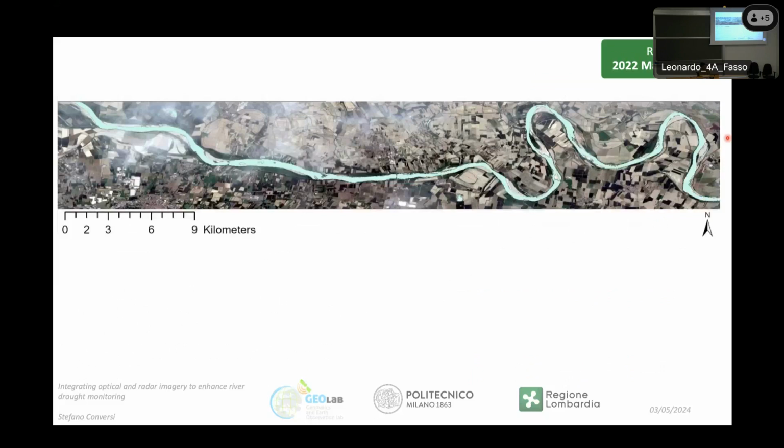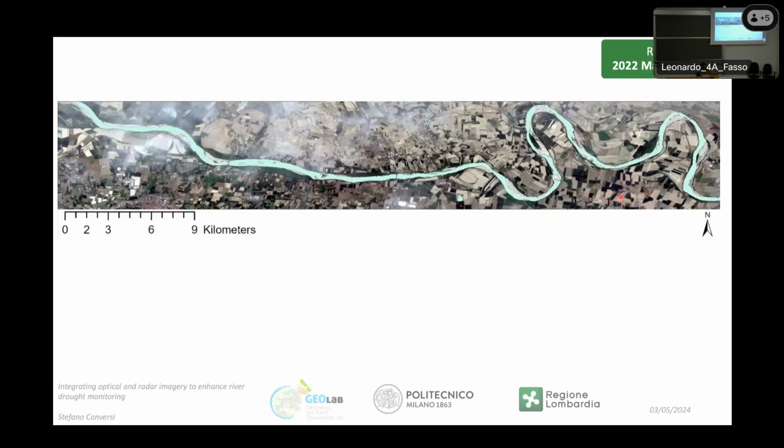Here you can see one of the first results, and we can see neat results of our procedures. You can see that in this case, the river is quite well mapped. We can clearly recognize the extent of the water, and most of all, we have no problem in the proximity of clouds, nor in the presence of fields.